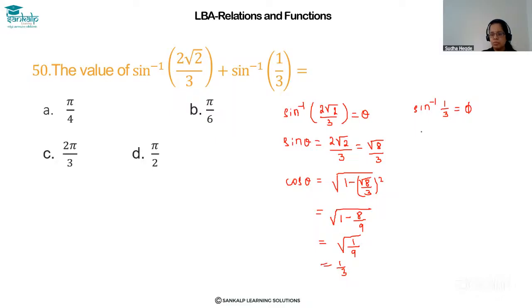So this implies sine phi is equal to 1 by 3. See, cos theta, you got it as 1 by 3. Sine phi is equal to 1 by 3. So you got it as sine phi is equal to cos theta. Correct?